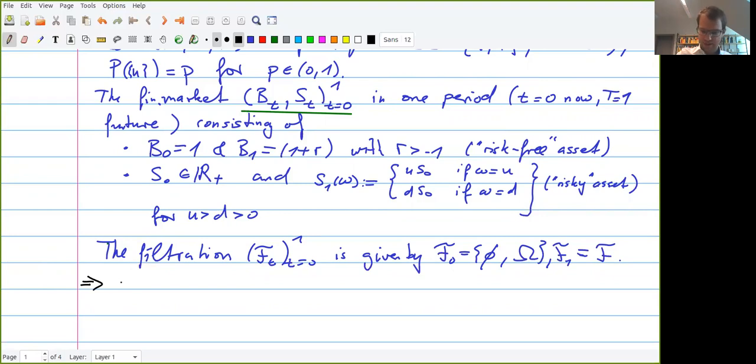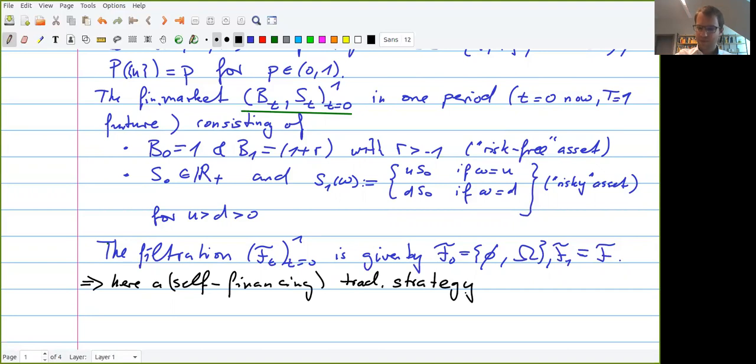the self-financing trading strategies are just real numbers, right? So here, a self-financing trading strategy is just a pair consisting of a number beta and alpha in R2, right?